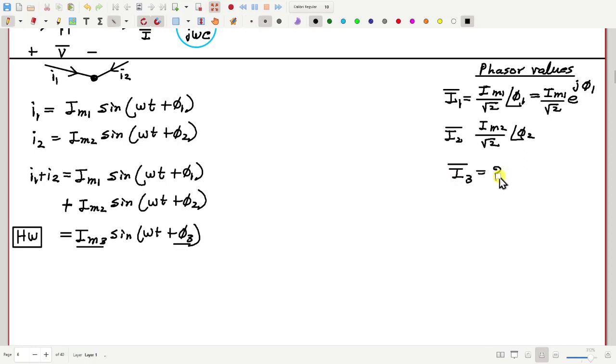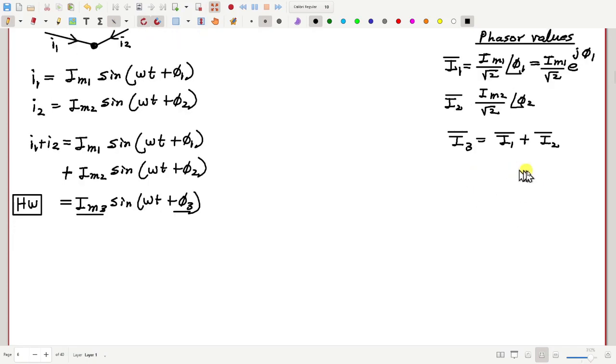The answer is it will be equal to I1 bar plus I2 bar. Without even doing this simplification using trigonometry, we can simply say that the phasor value of I1 plus I2 will be phasor value of I1 plus phasor value of I2. Without much calculation. Why is that so?